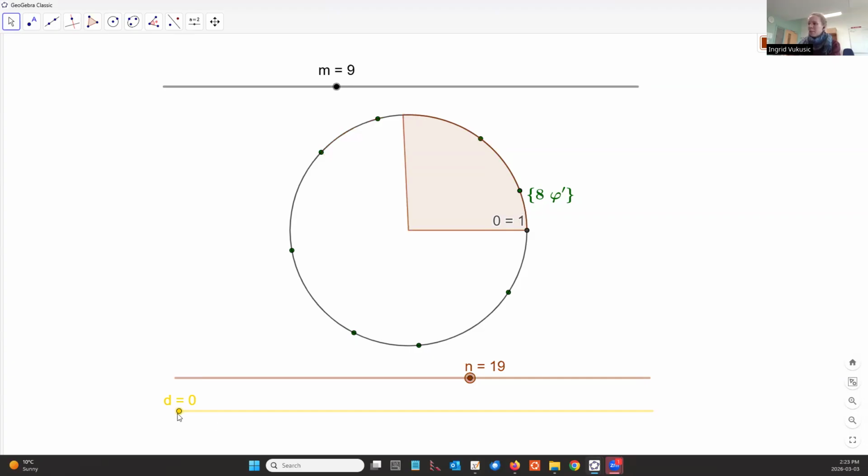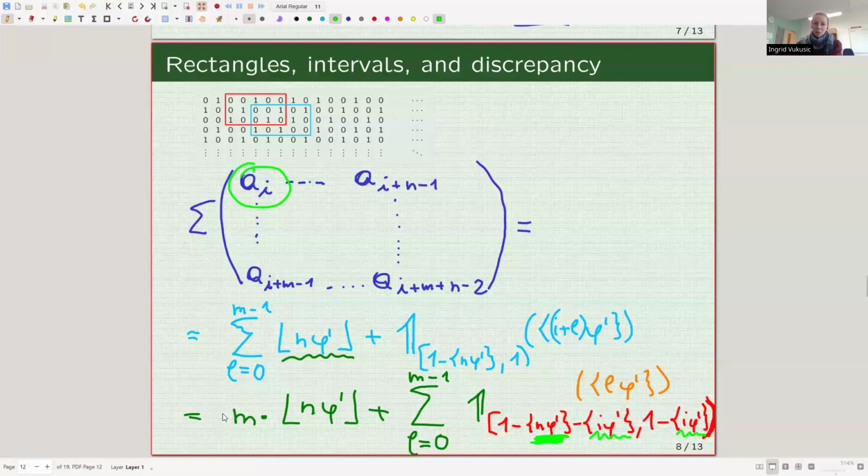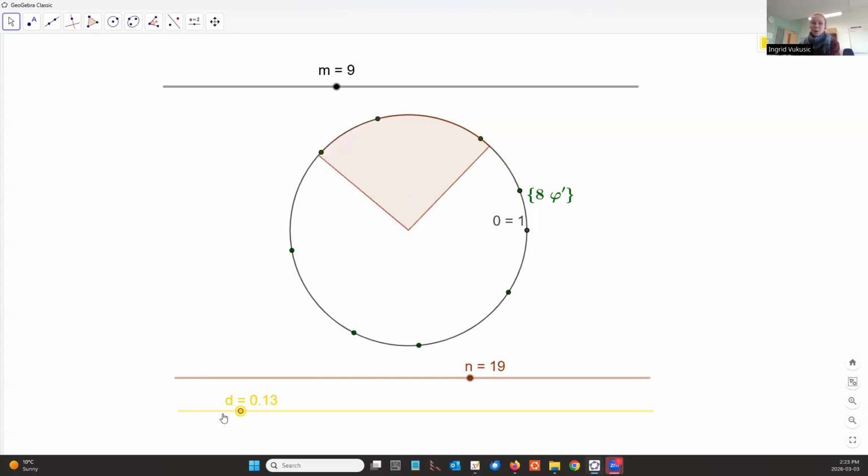Here, for example, we have 2 points in our interval, and then 3 points, and then 2 points, and then 3 points. So if it keeps going like this, always 2 or 3 points, then we know that our rectangles are also balanced. But if our count gets out of balance, then we're not balanced. And indeed, if you look a little bit further, suddenly we get just 1 point, while on this side, we can even get 4 points. So this would be an example where we are not balanced.